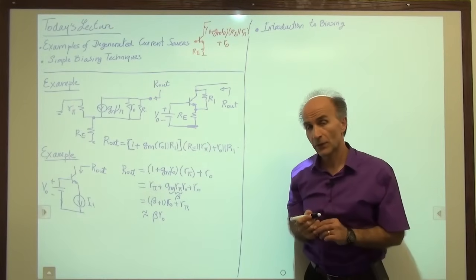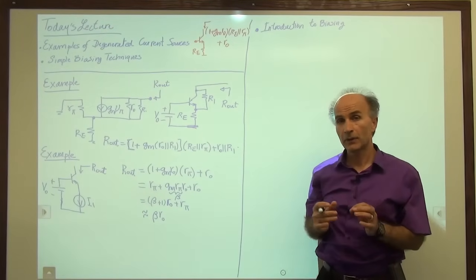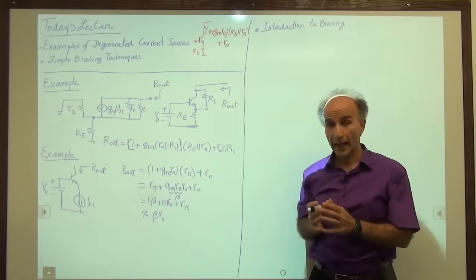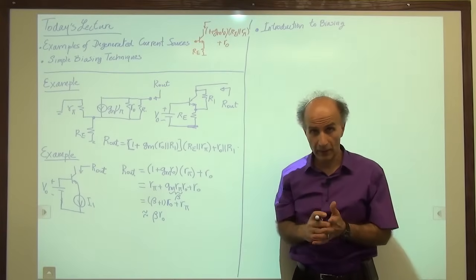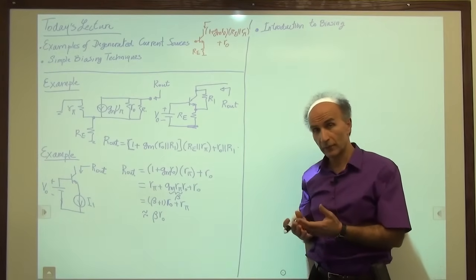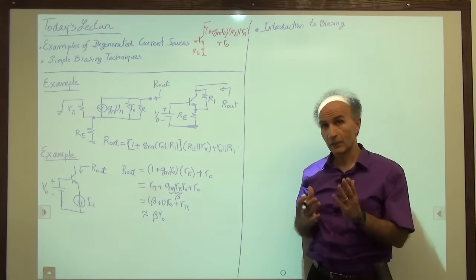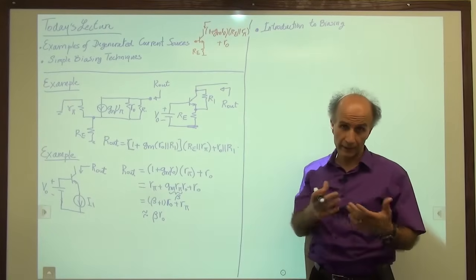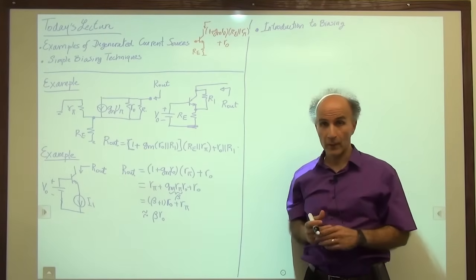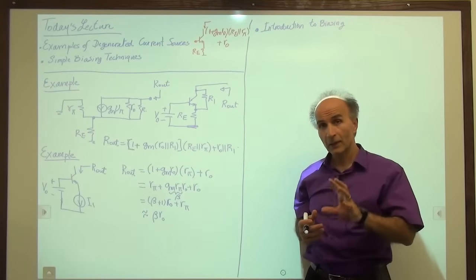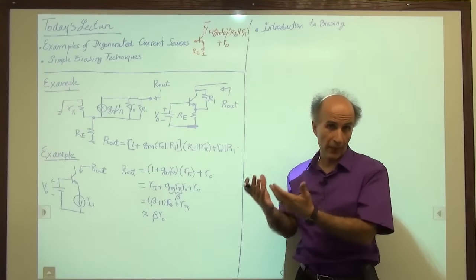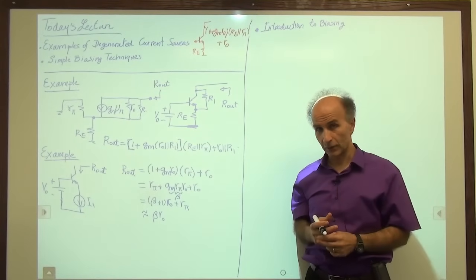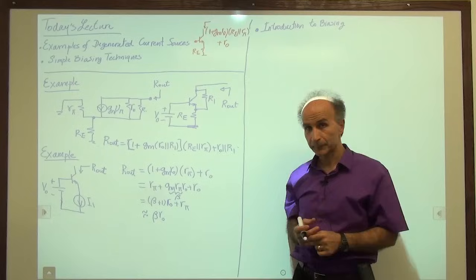We bias a transistor so that it has proper small signal properties, values, and operates in the proper region of operation. It has to be in the forward active region, so the base emitter has to be forward biased, the collector current has to be something reasonable, and the transconductance has to be reasonable, etc. So that when the signal comes in, the signal at the input can give us perhaps some reasonable change in the collector current, which we can use eventually to generate a voltage, a signal voltage at the output.